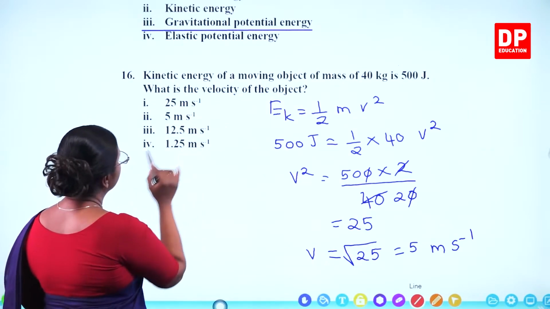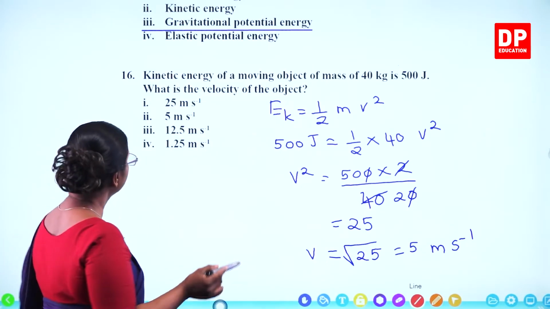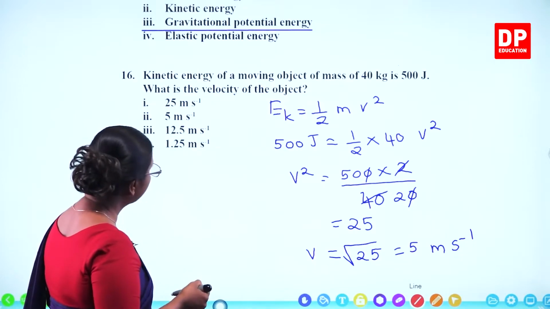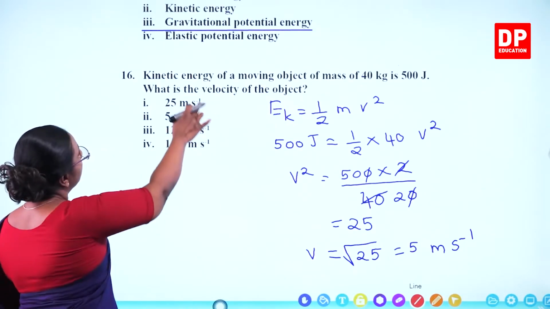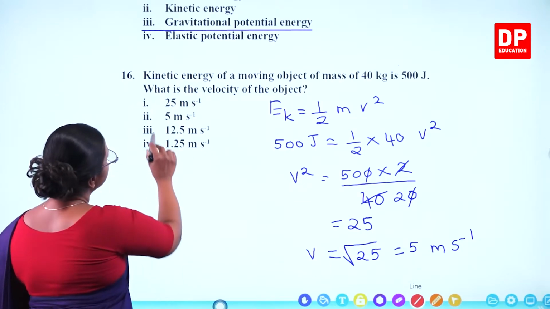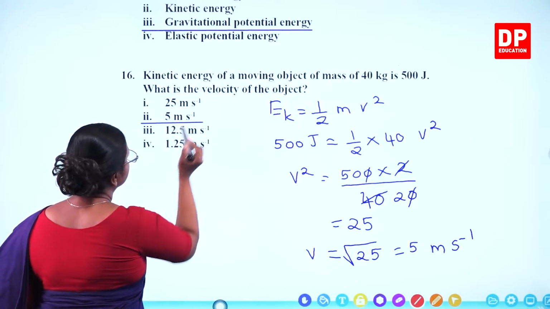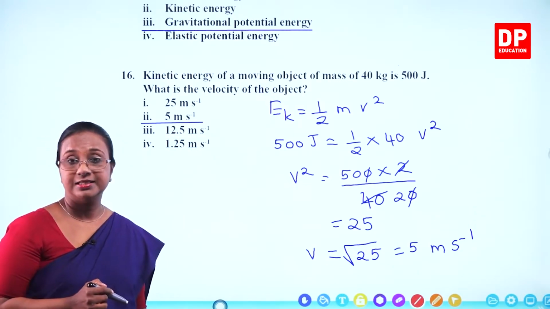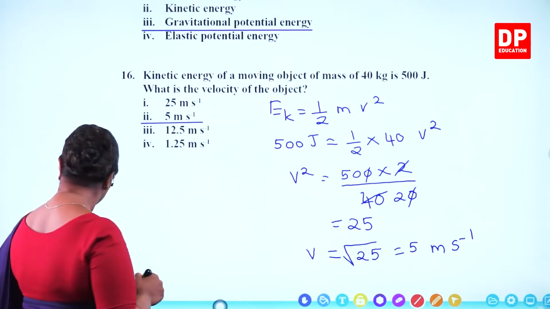So here 5 meters per second, that's correct. 12.5 meters per second, no. And also 1.25 meters per second, that is also incorrect. So out of all these answers, 5 meters per second is the correct answer. This one, 5 meters per second. With that, students, I'm going to move on to the next question.